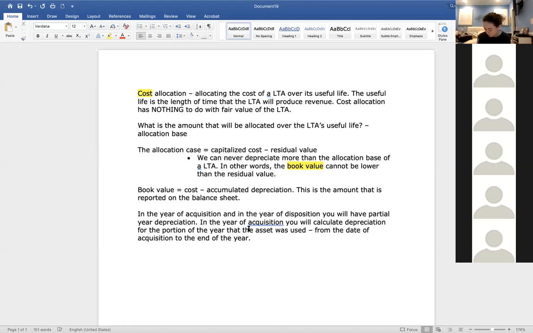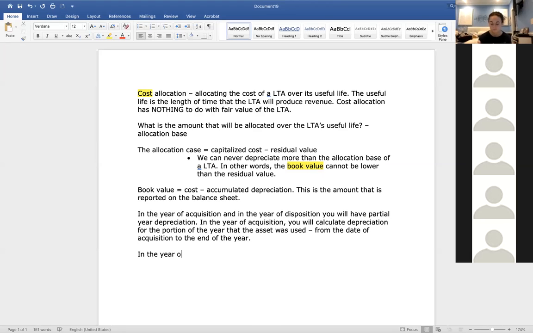We also calculate partial year depreciation in the year of disposition.